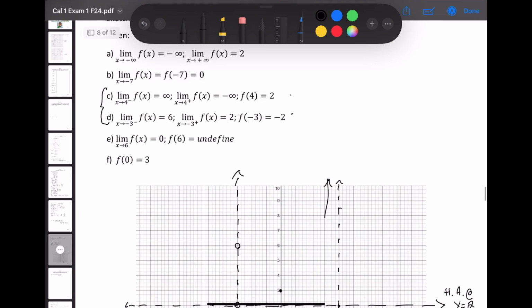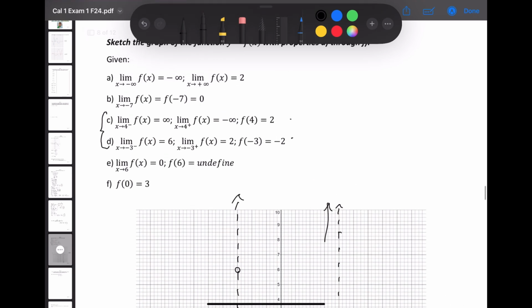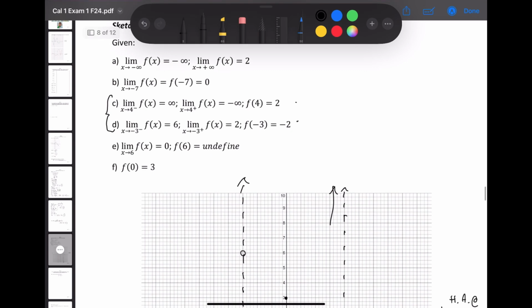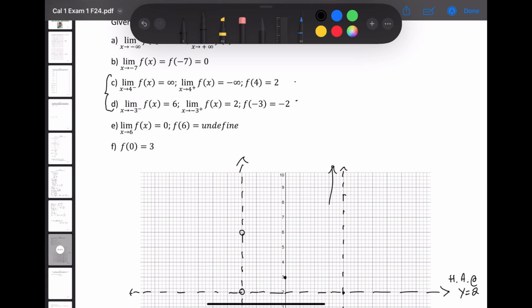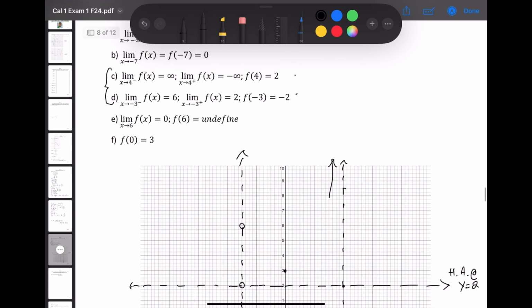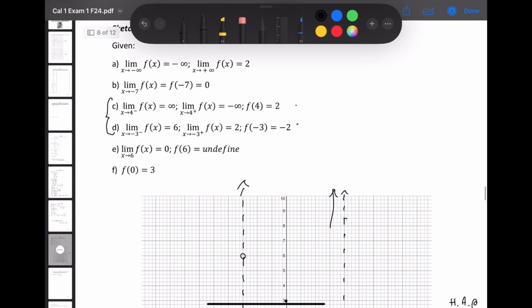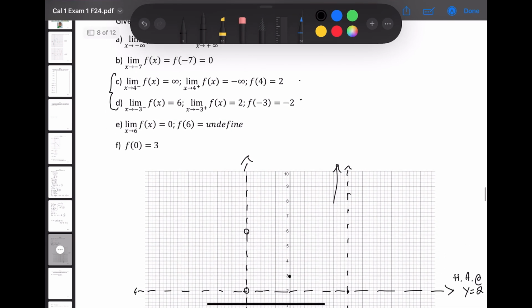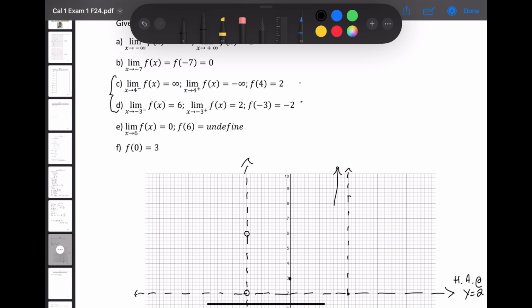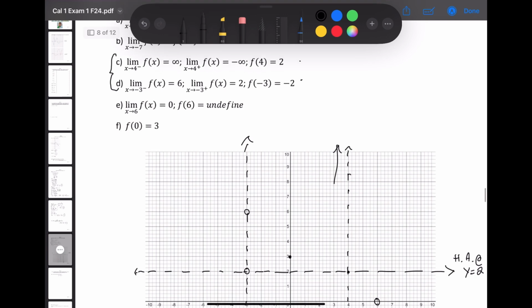Okay, let's go back to A and B since we already did E and F. So limit x approaching negative infinity, f of x is negative infinity. Okay, let's do B because I forgot to mark that one down. So limit x approaching negative 7, f of x equals f of negative 7 equals 0. Okay. So now that's going to be a closed circle.